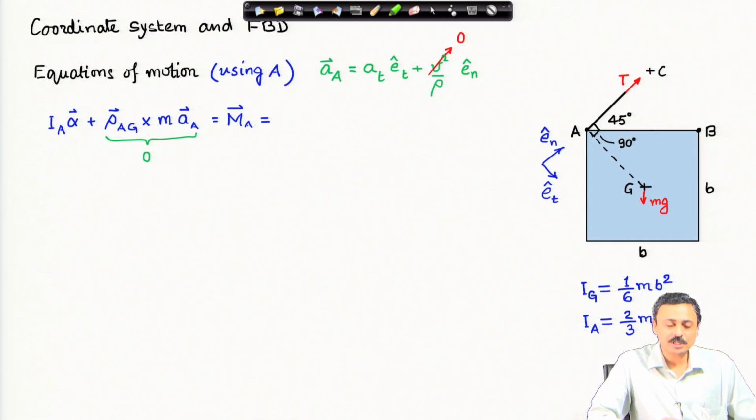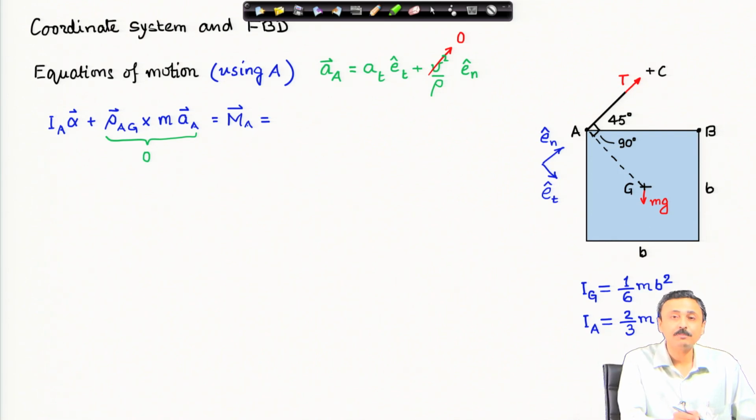Now, if I write the rotational dynamics equation about point A, then because of this angle there is a simplification, and that is what I want to indicate.